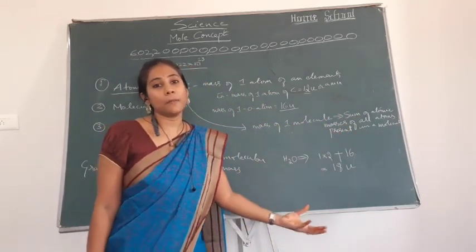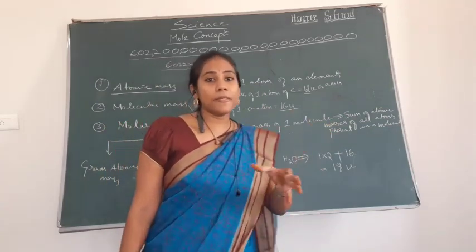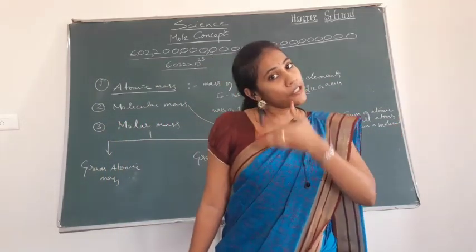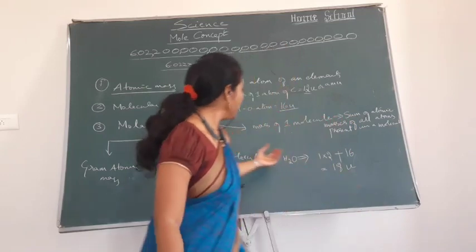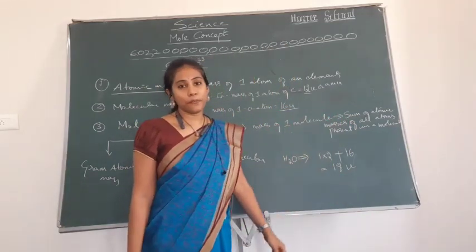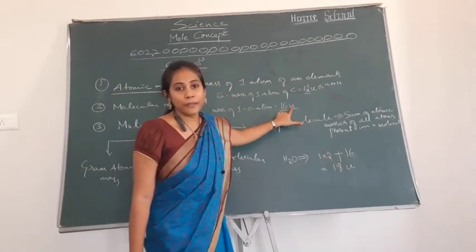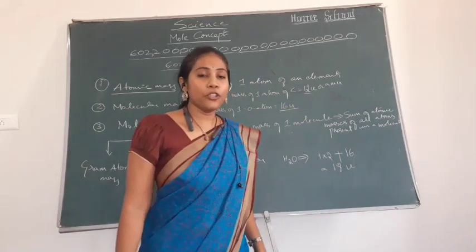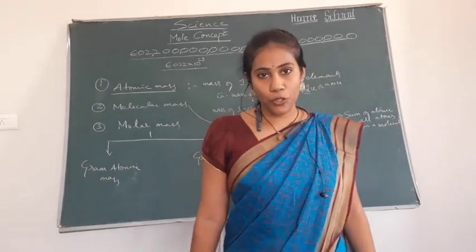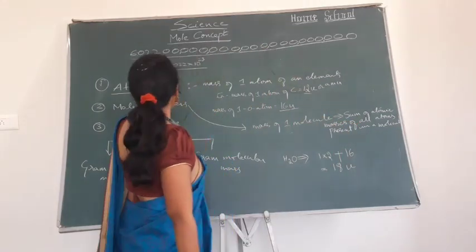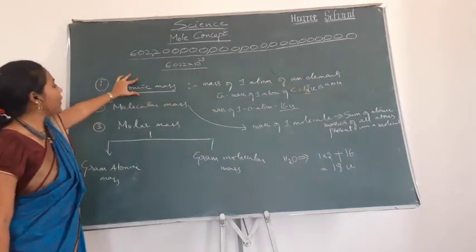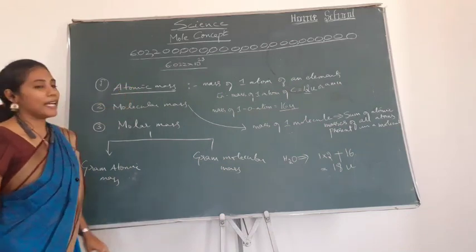In that molecule, however many atoms are there, you should go on adding their atomic masses. Then you will get the mass of one molecule. And for both cases, what is the unit, guys? U only. You can call it U or AMU also. Fine. And this is the idea about atomic mass and molecular mass.